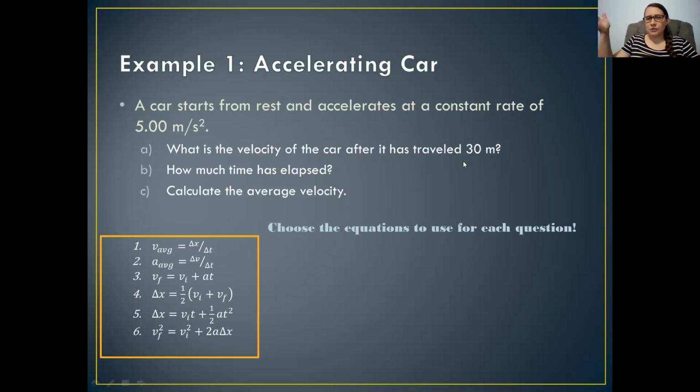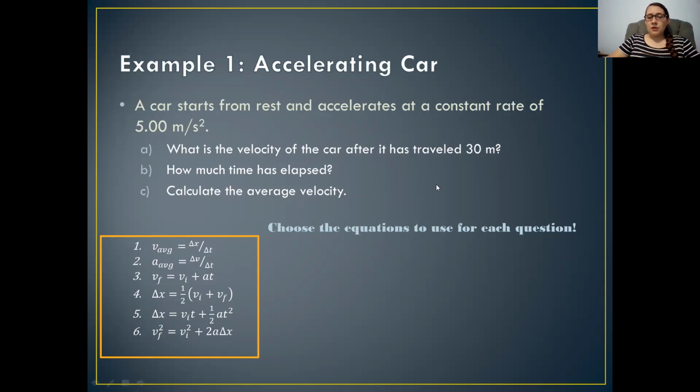I mean, we're going to just assume that it's traveling on a road and not falling off of a cliff. Well, I suppose it could be. But we'll assume that it's traveling in a horizontal direction. So that would be delta x as our 30 meters. And we're looking for velocity final, right?